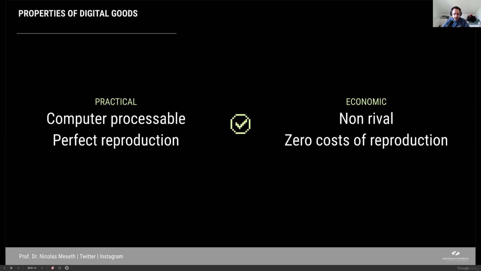But then the second thing is that, for example, if we make a copy of a sound wave, one way to record a sound wave was to put it on a magnetic tape, which is basically an analog medium.